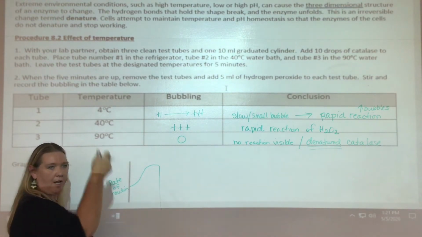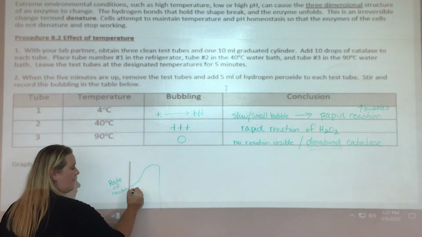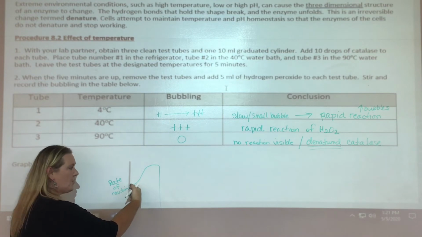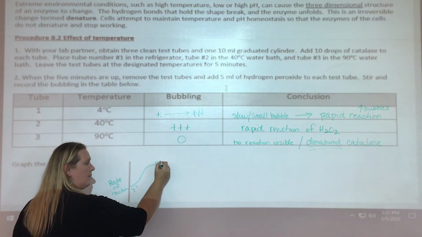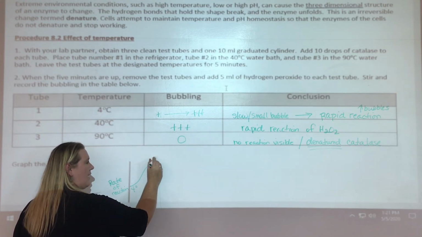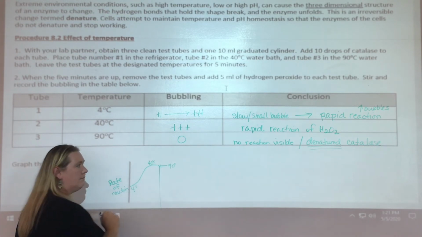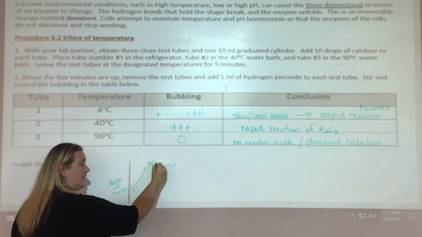It just straight up stopped working. Okay, so this would be 4 degrees, and it would be warming up, right? Out of the refrigerator, it's going to start warming up slowly. And then in our reaction, we saw 40 degrees. Let's put 40 degrees right there. And then right here, when it hit somewhere, for us, the only data point we have is 90, it stopped working.